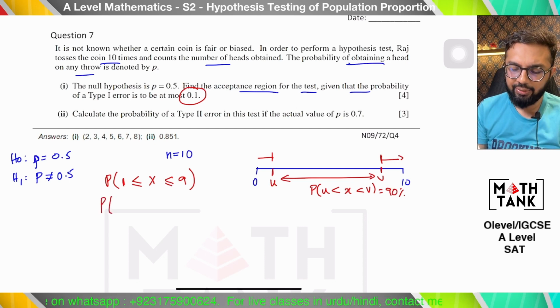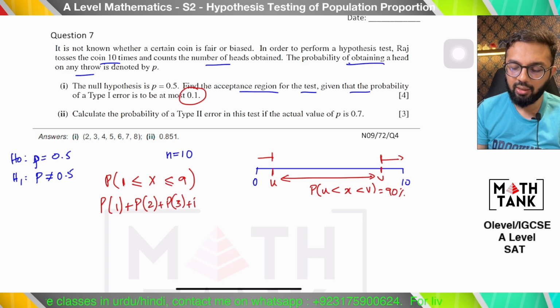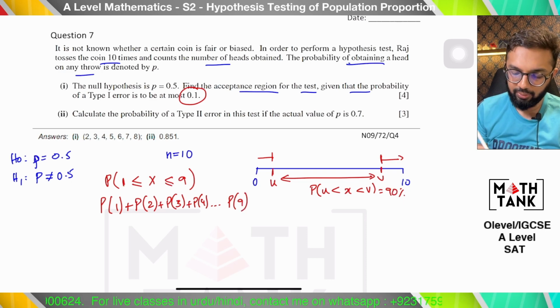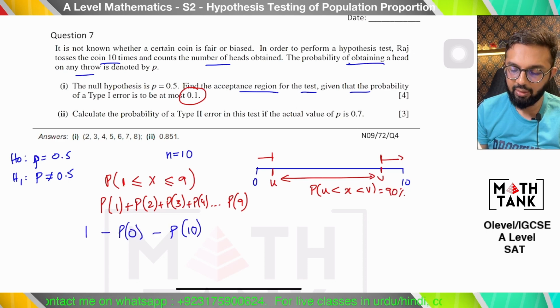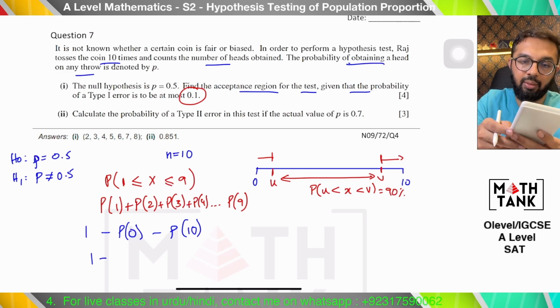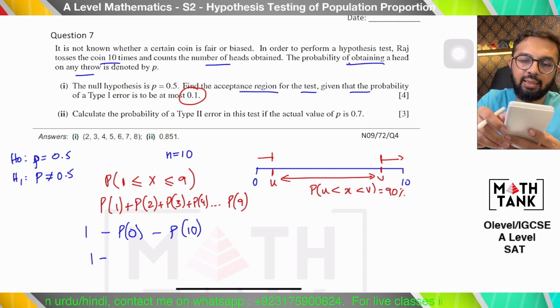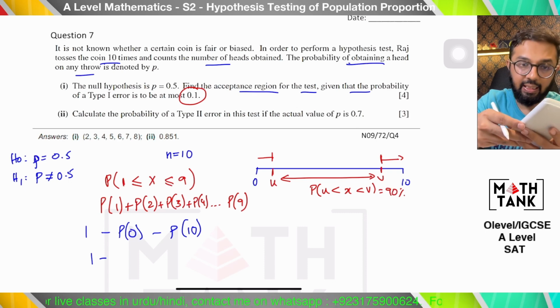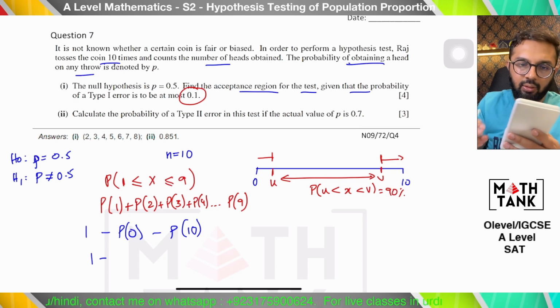What I have to calculate is the probability of 1, 2, 3, 4, and so on up till 9. So there is a bit of trial and error involved. Instead of doing all of this, I'm going to calculate the probability of 0 and the probability of 10 on my calculator, using the binomial list, with N as 10 and p as 0.5.